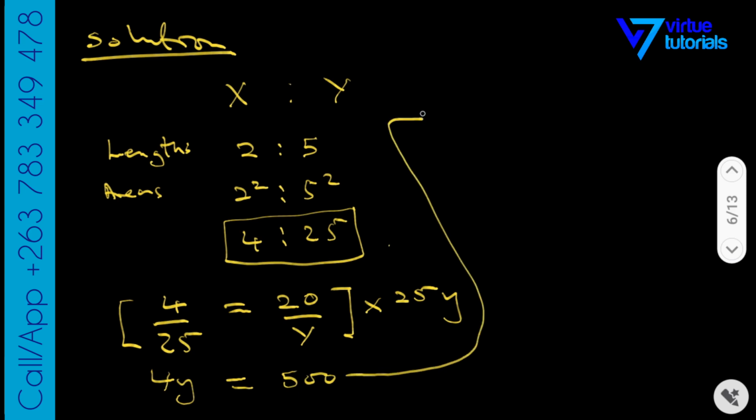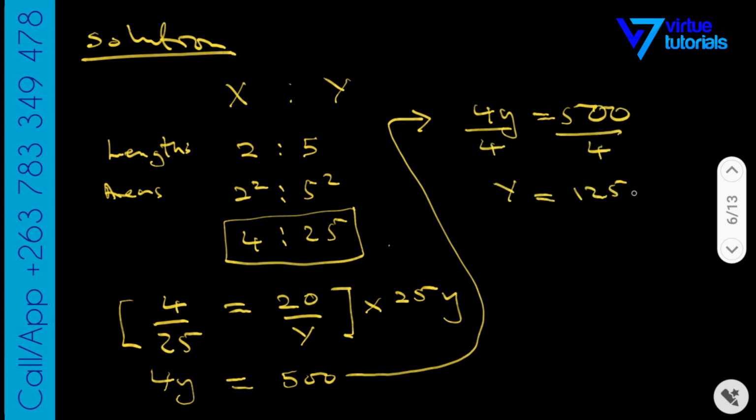So 4y is equal to 500. You divide both sides by 4, and you get y is equal to 125. So that's the area for your bigger shape, 125 centimeters squared.